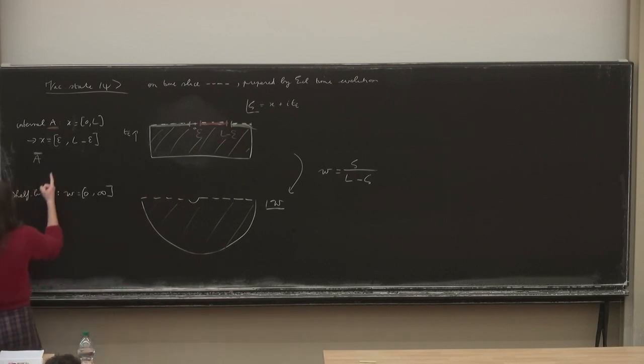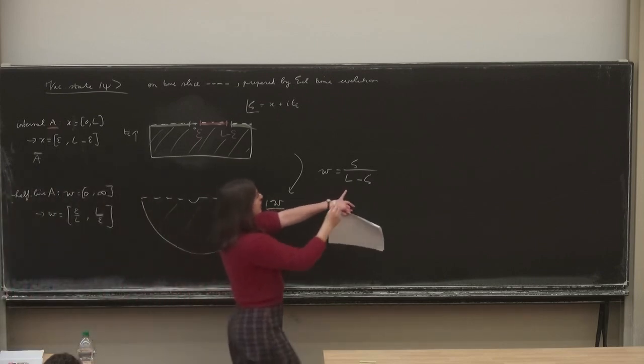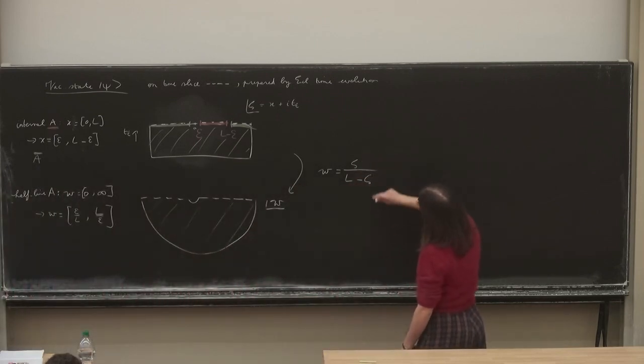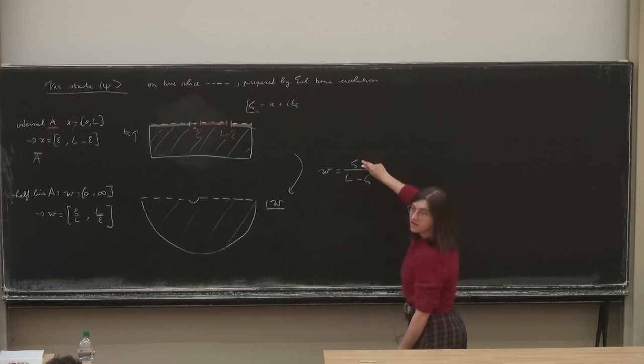And then if I do it carefully, with the UV cutoffs in place, what I actually have is that my region A is W taking the values epsilon over L and L over epsilon, which goes to 0 and to infinity, okay? I'm just plugging epsilon in here and then plugging L minus epsilon in here.